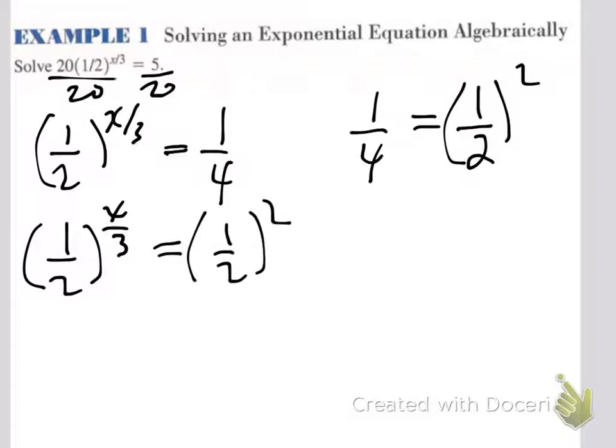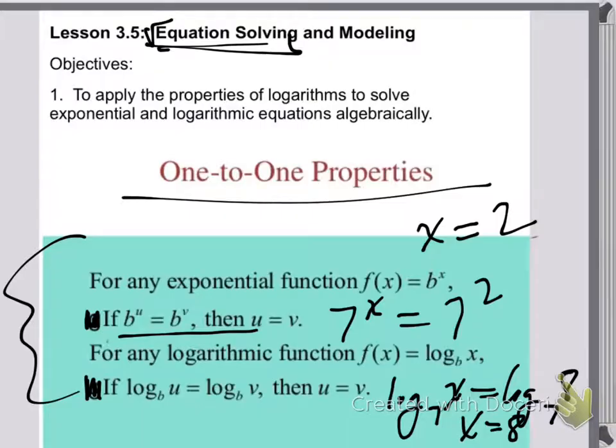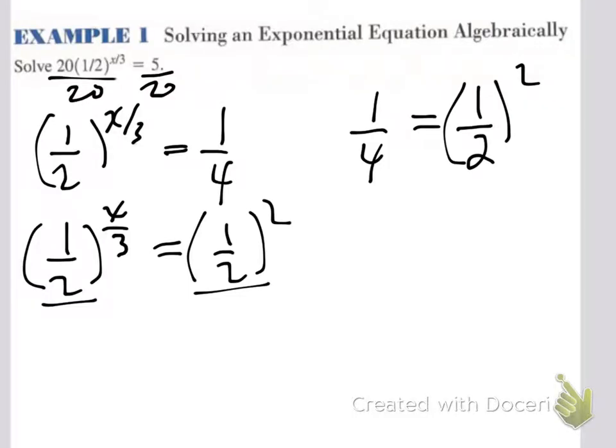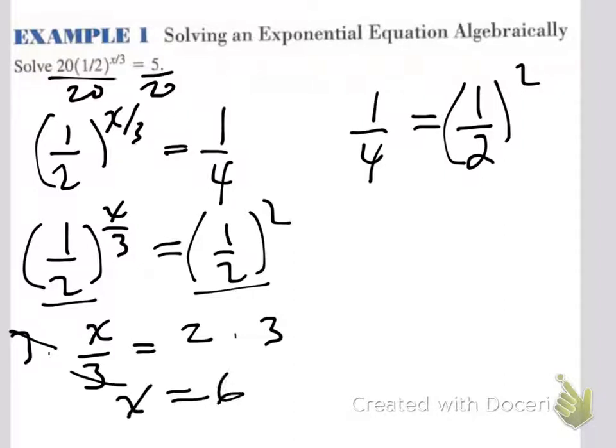Alright, I have now an equation in which I have the same base. Using the one-to-one property for exponential functions, I now set the exponents equal to each other. So I have x over 3 equaling 2, multiply both sides by 3, and so I get x equaling 6.